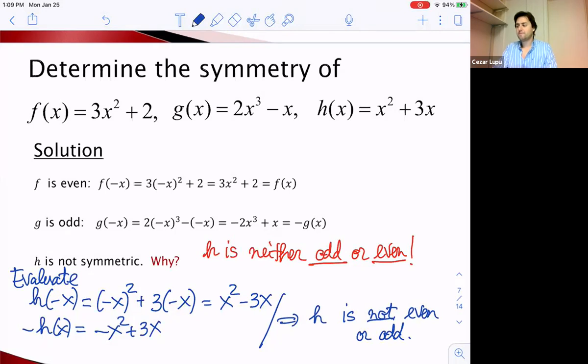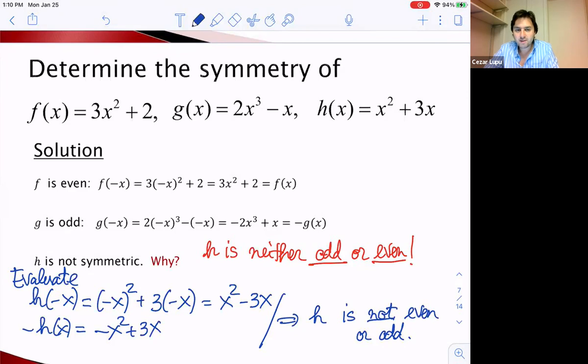And you see, look at the difference. Just look at these three functions. You see, okay, let's forget about the first one, but look at the last two, g and h. You see, there's not a big difference between them if you look at them, right? For the function g, you have 2x cubed minus x, and for the function h, you have x squared plus 3x.